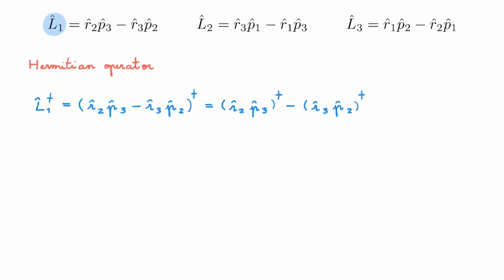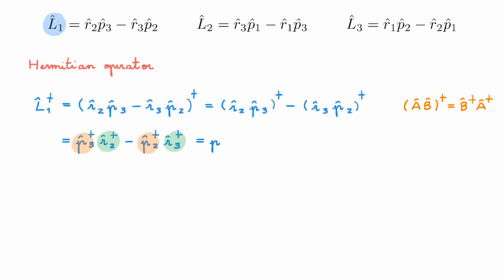Now, remembering that the adjoint of a product of operators reverses their order, we get P3 dagger R2 dagger minus P2 dagger R3 dagger. The momentum operators P are Hermitian, and so are the position operators R.